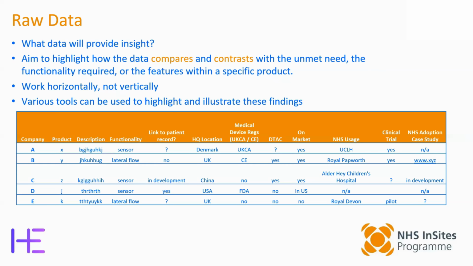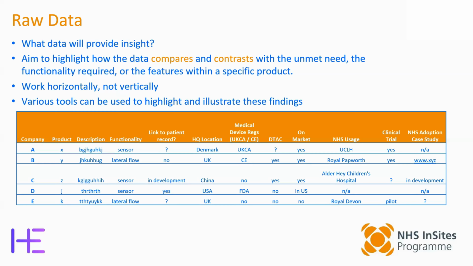Once you've found a competitor or something that you're interested in, work horizontally. Complete all the data, and then you can spread your time accordingly, rather than spending 80% of the time looking for opportunities, but only 20% seeing what functionality they might have. So a good use of time is an important thing here.